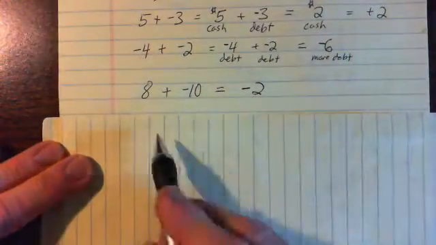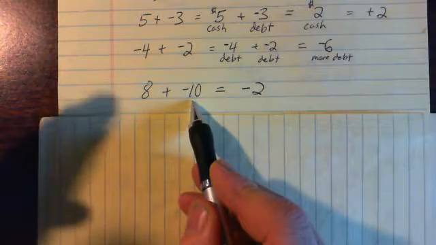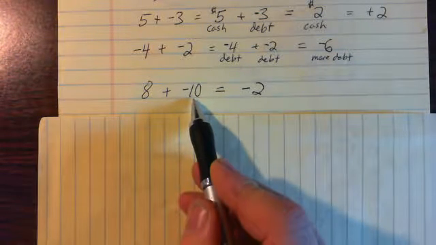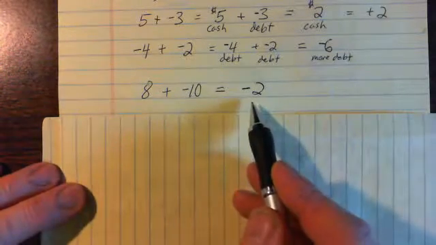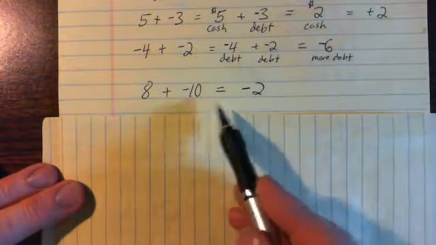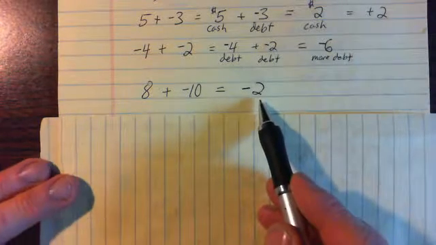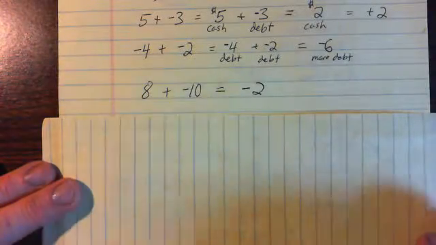Here's another example, 8 added with negative 10. Now, the negative number has the larger absolute value, so you end up with a negative, because if you have $8 in cash and $10 of debt, you have more debt than cash, so you end up with $2 of debt, so negative 2.